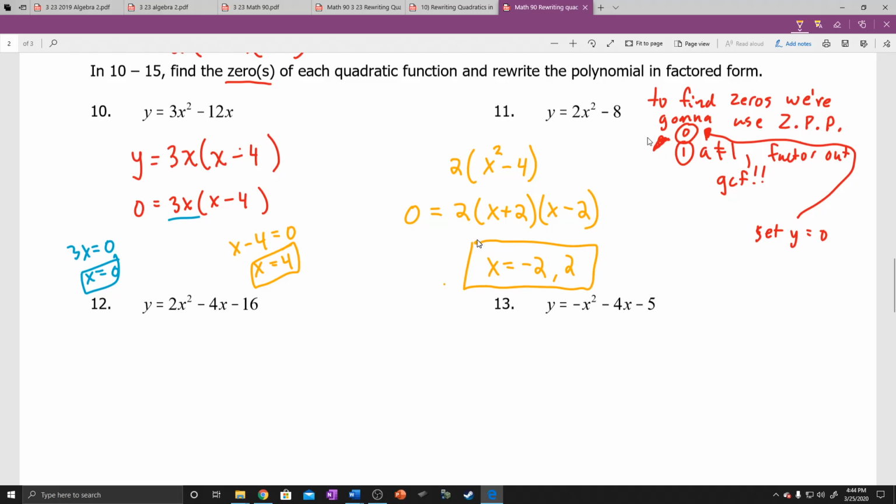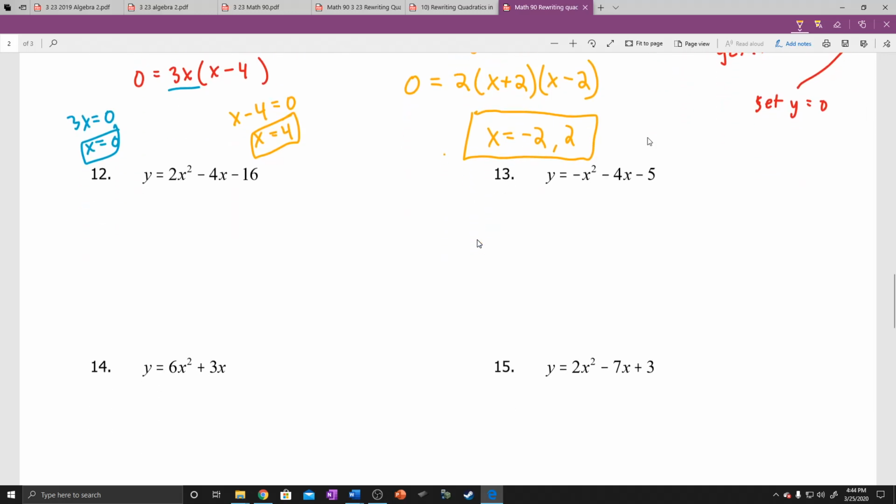Alright, let's try a couple more. So let's see here. y is equal to 2x squared minus 4x minus 16. I'm going to factor out 2: x squared minus 2x minus 8. Then I want two numbers that multiply to negative 8 and add to negative 2. So 8 and negative 1, 4 and negative 2.